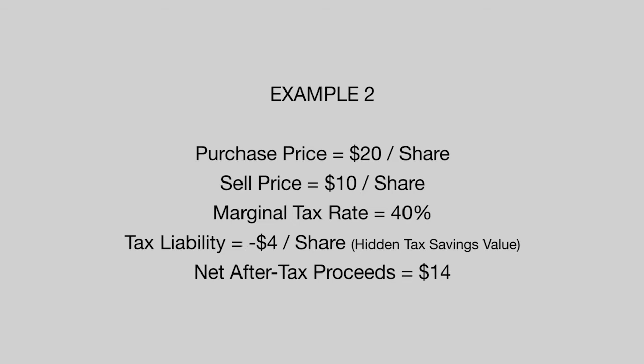The investor has the $10 that is left, plus $4 in taxes the investor will save by being able to avoid paying a tax liability on another profitable investment that has a deferred tax liability that isn't due until the investment is sold. But because of losses available for tax loss harvesting, the tax liability that might be due on some of the shares in a profitable tax lot will not have to be paid.